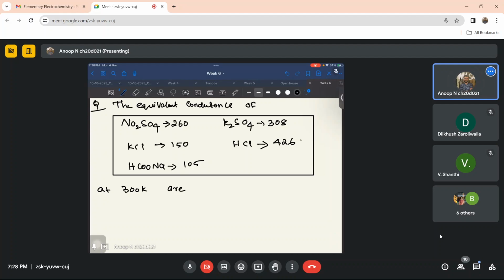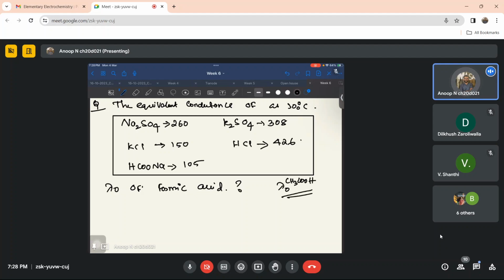What are these values? At 300 degree centigrade. Now calculate lambda 0 of formic acid. See, what will be the lambda 0 of CH3COOH?